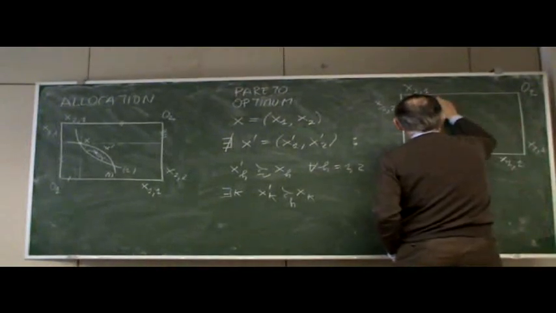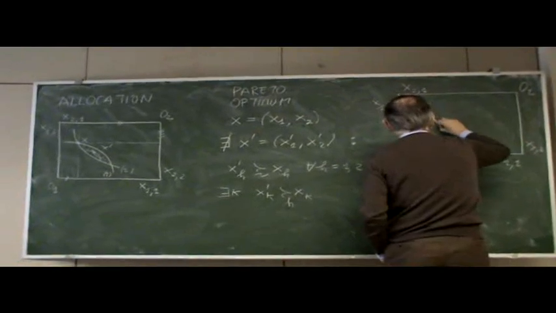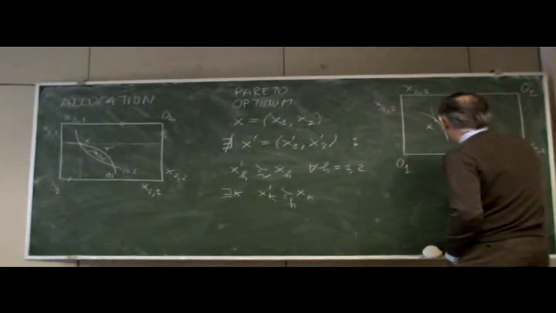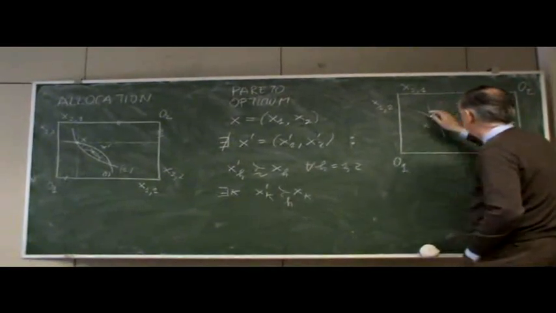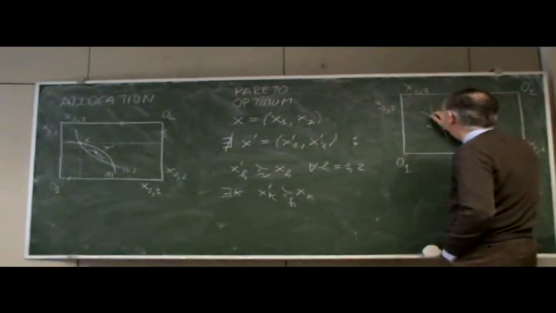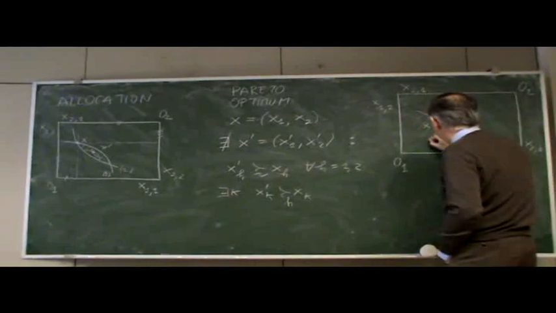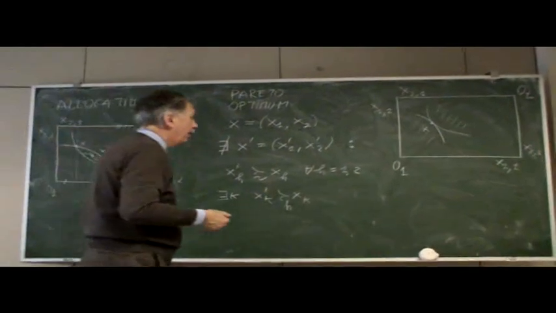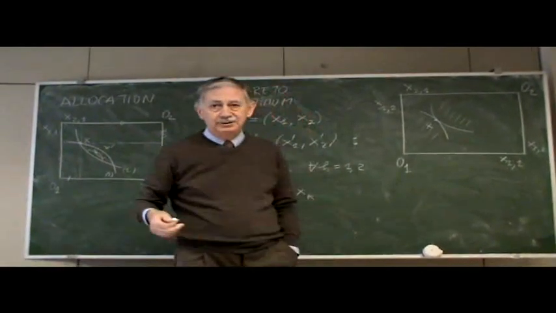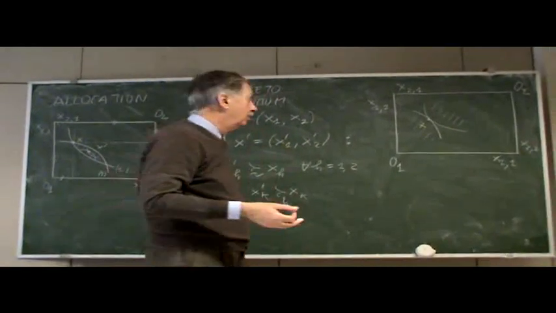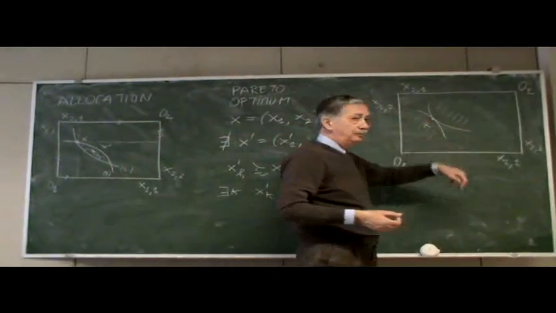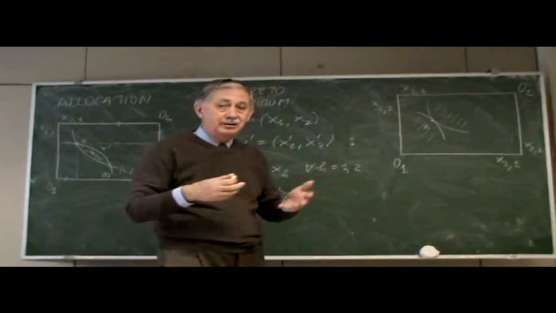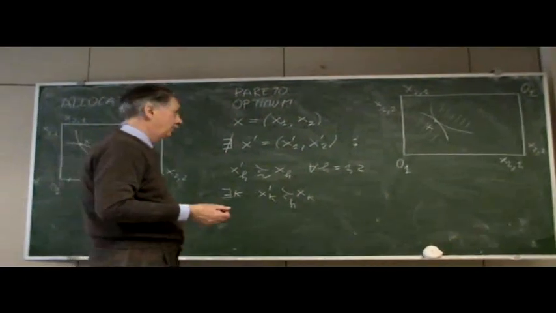Clearly, a Pareto optimum is an allocation like this X, such that the set of allocations which better the condition of subject 1 has a void intersection with the set of allocations which better the condition of subject 2. You remember, under suitable hypothesis of differentiability, in a Pareto optimum the indifference curves must be tangent, equality of marginal rate of substitution, and so on.